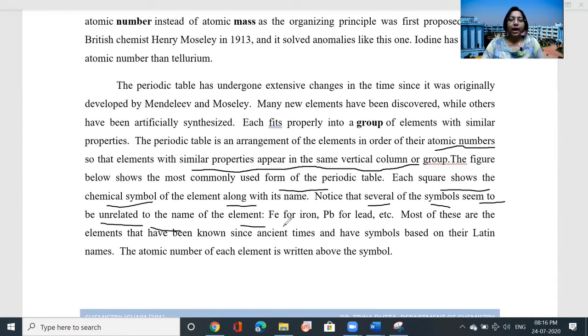So Fe for iron, Pb for lead, etc. Most of these are elements that have been known since ancient times and have symbols based on their Latin names. The atomic number of each element is written above the symbol.